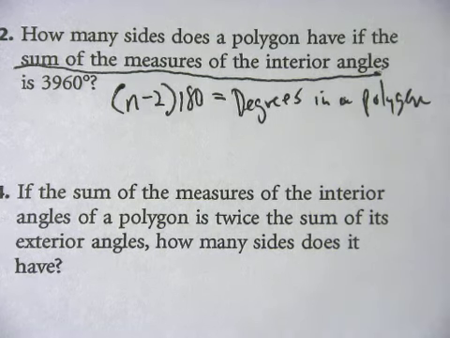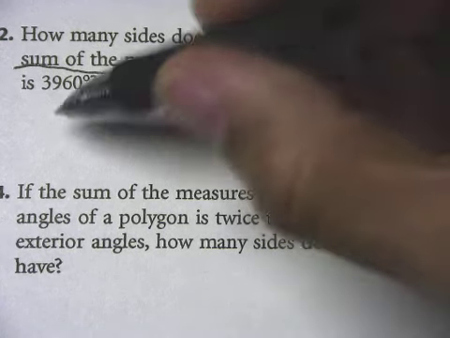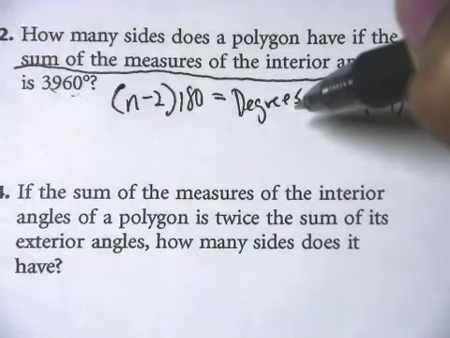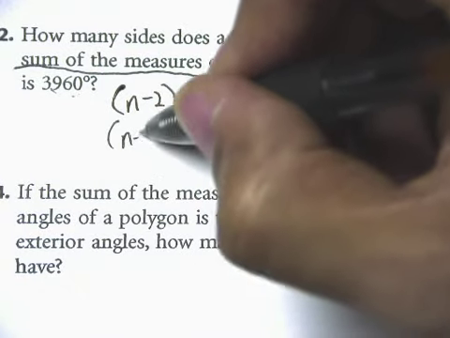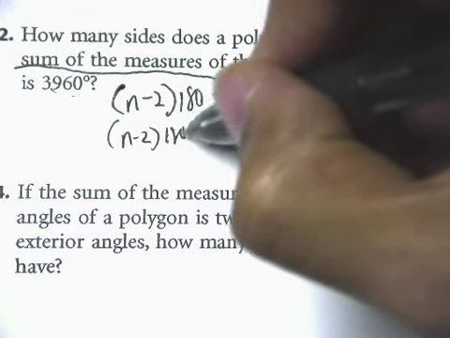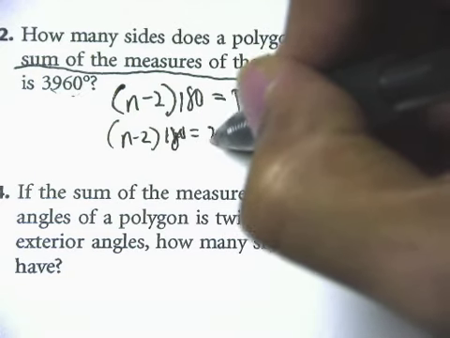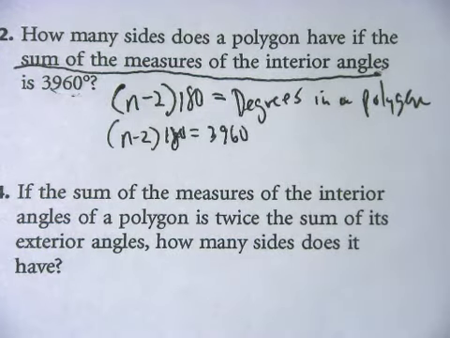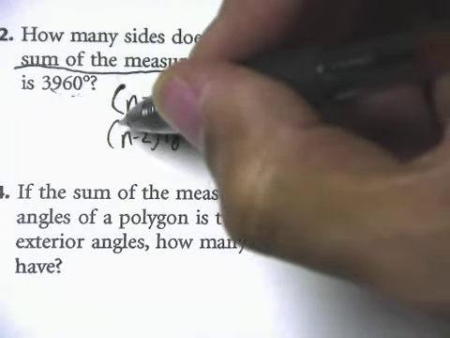This is how we find how many degrees there are inside of a polygon. Except now, they're telling me the number of degrees. So I'm going to have n minus 2 times 180 is equal to 3960.